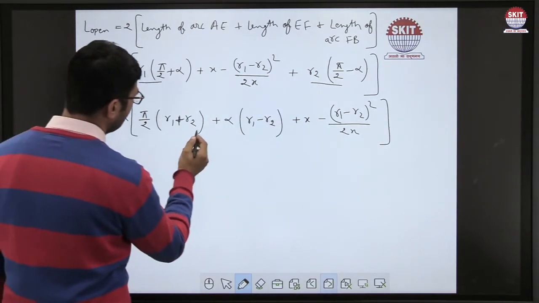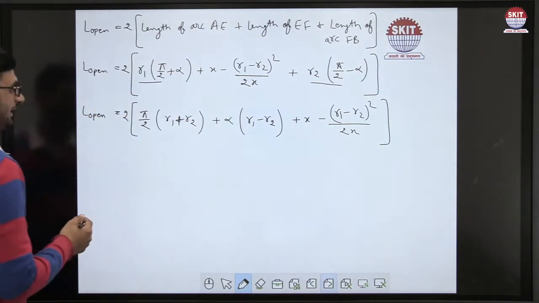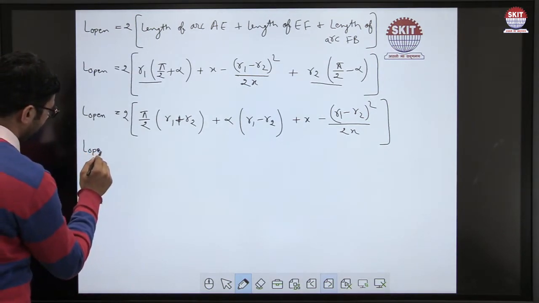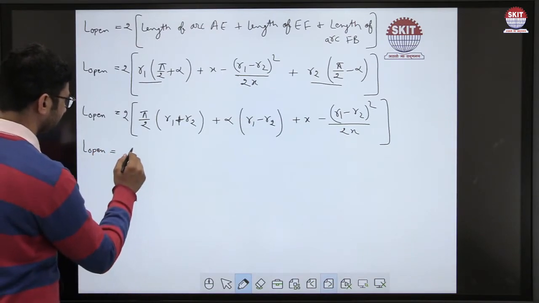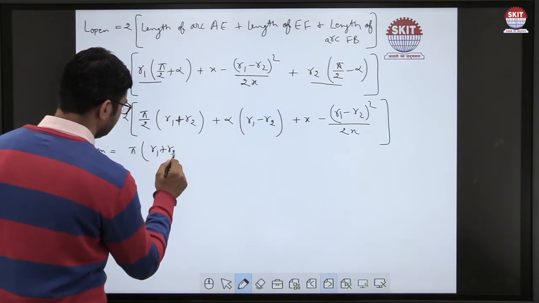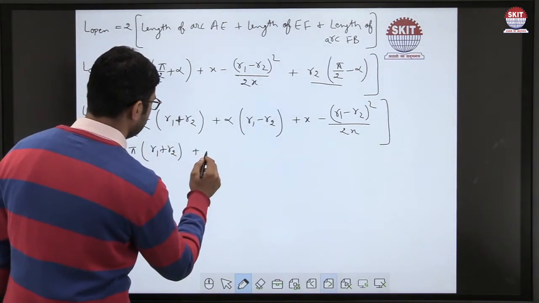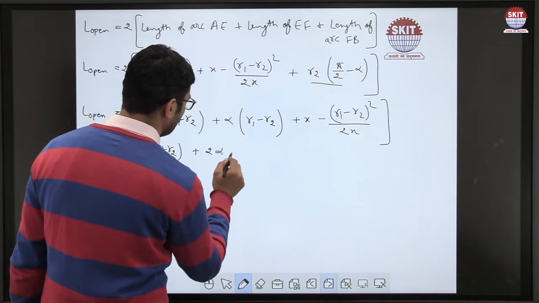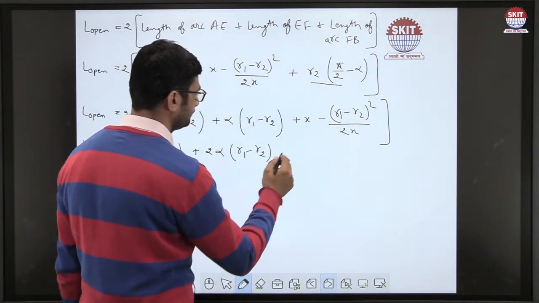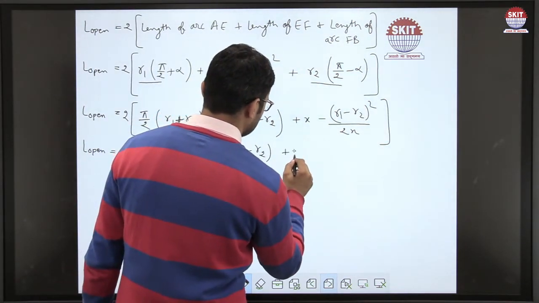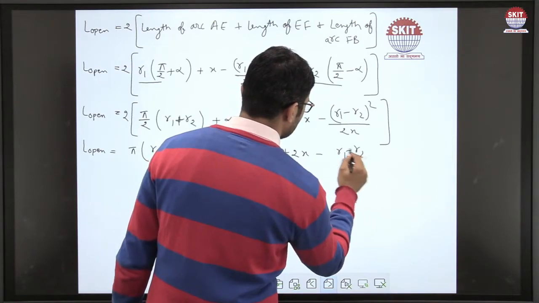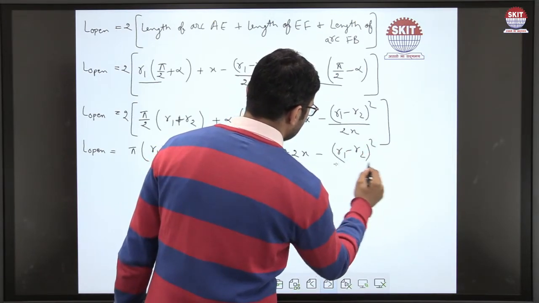Now multiply 2 and put the value of alpha in this expression and simplify this. L open equal to pi R1 plus R2 plus 2 alpha R1 minus R2 plus 2x minus R1 minus R2 whole square upon x.